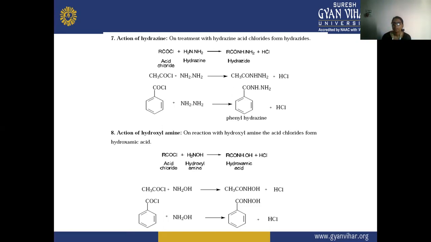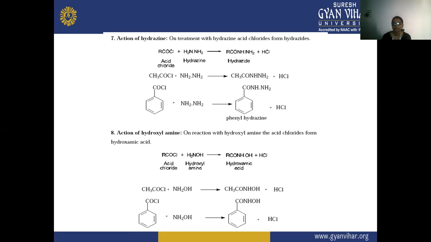Next is benzoyl chloride. In the benzoyl chloride reaction, hydroxylamine reacts and there is a formation of hydroxamic acid, or you can say benzoyl hydroxamic acid is formed, plus HCl.